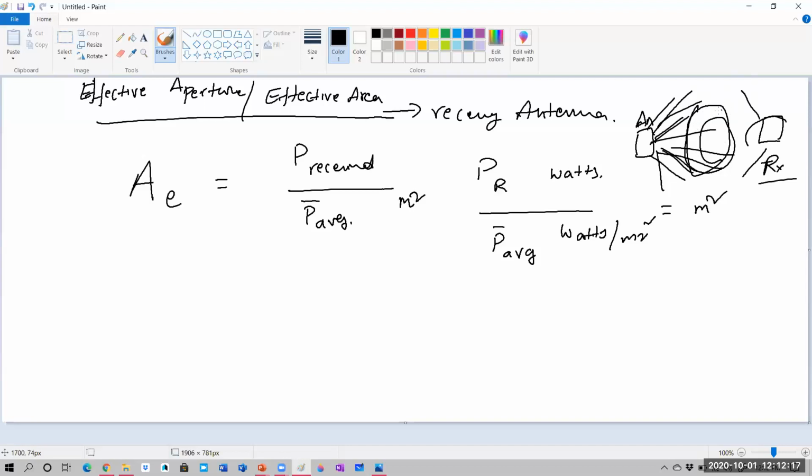Suppose this transmitting antenna delivers the maximum power in some directions, here, here and here. Obviously, when the receiving antenna has more power received, automatically it has more aperture. So it is denoted by A suffix EM.